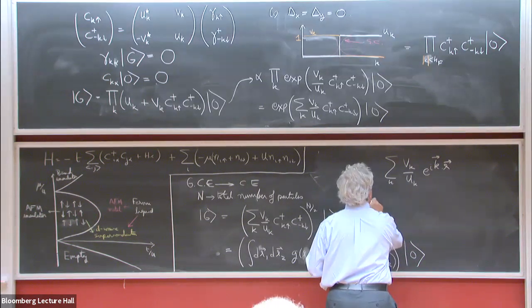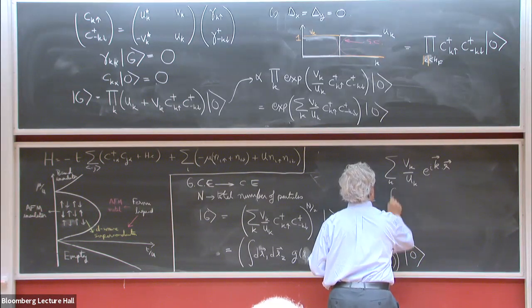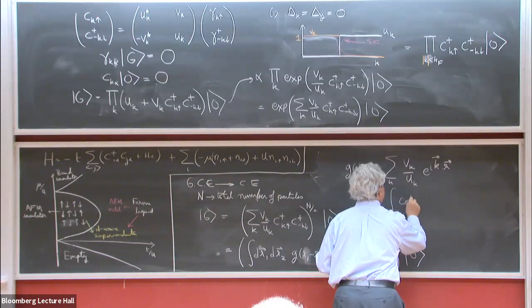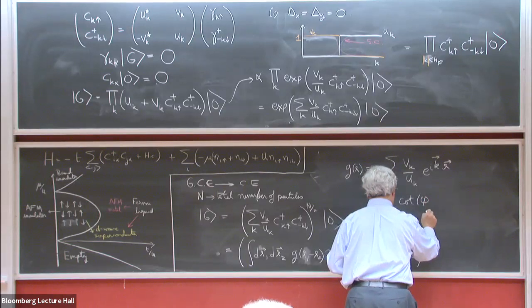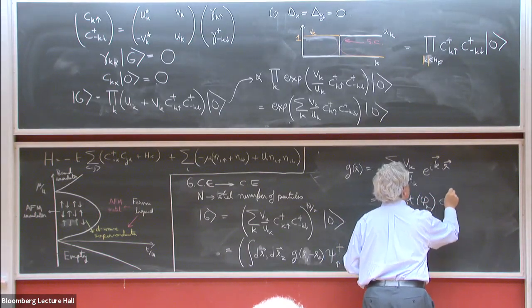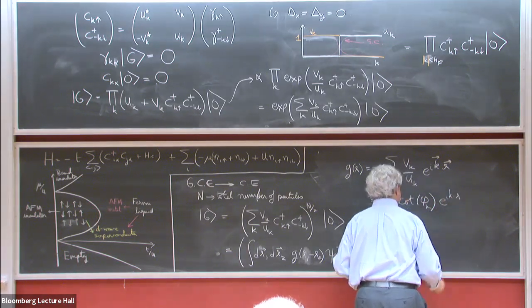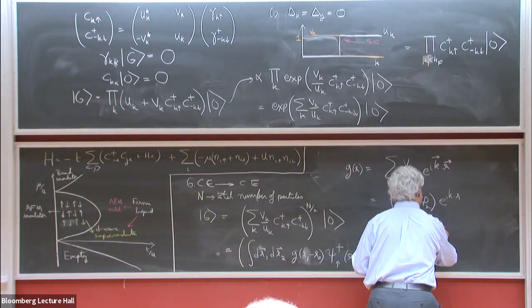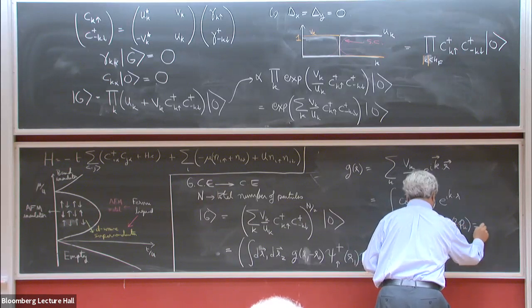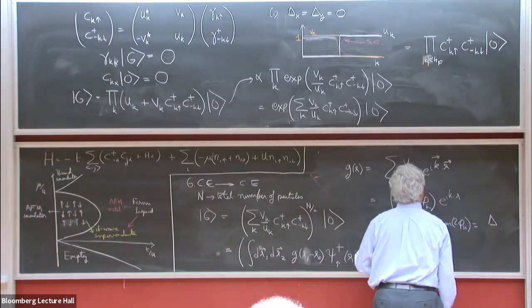This is equal to the integral over k of cotangent of an angle phi_k times e to the i k dot r, and sine 2 phi_k is equal to this.